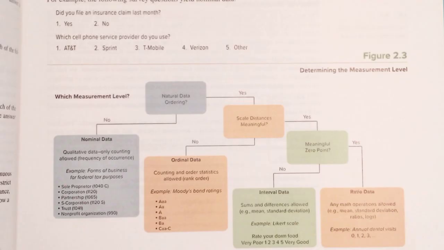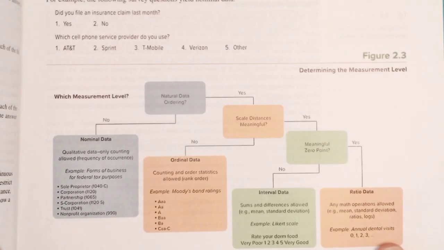Once I start to do intervals, I can start doing a lot more math. There's means and standard deviations and adding and subtracting and dividing and all sorts of other math can be done here. Once I have quantitative data where the scale means something, I can start doing math to it.